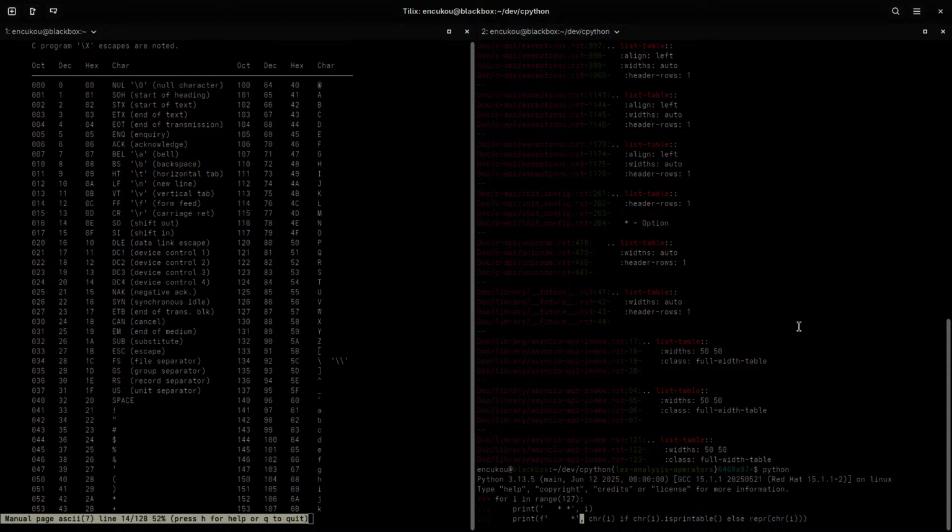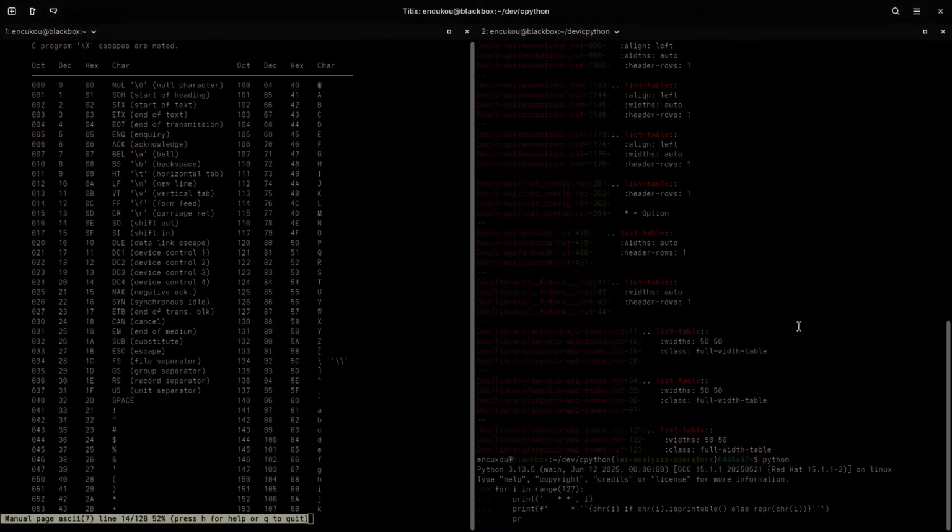Make an F string, and we want restructured text around that.